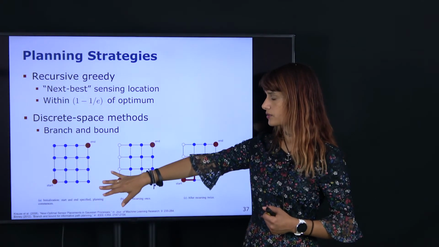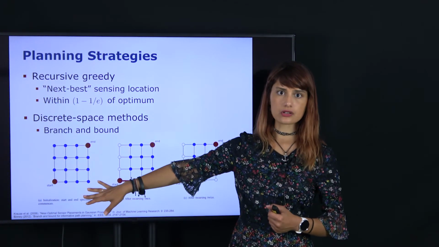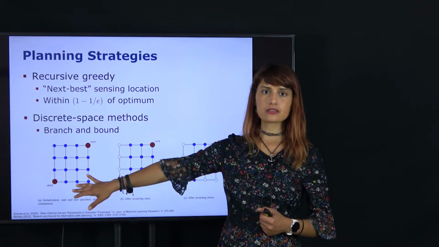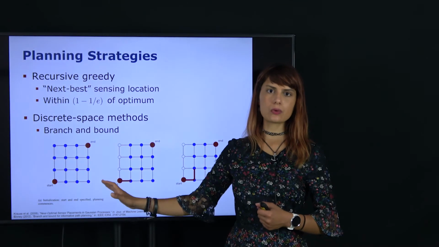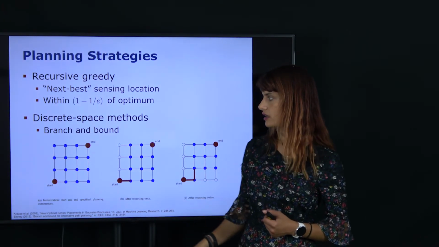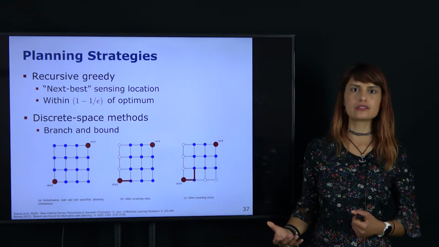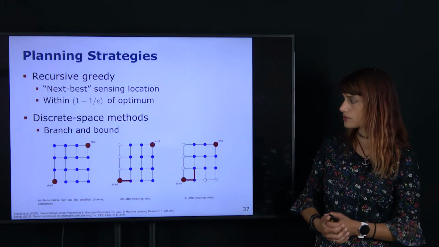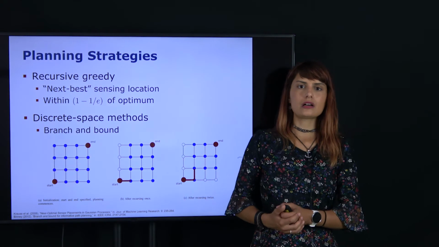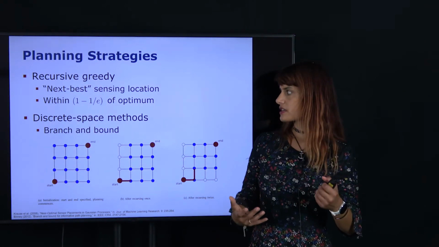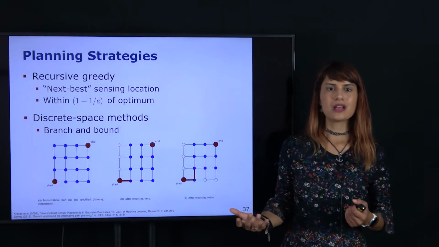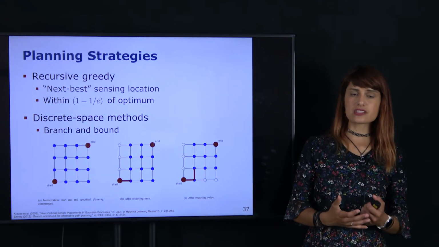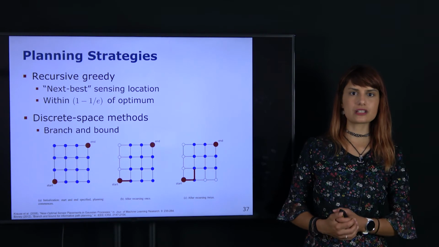The branch and bound is an exhaustive search on a grid of locations that uses a method of pruning to efficiently take away locations in the search space that will not lead to better solutions than the one that we already have. So we're somehow trying to prune branches in our branch and bound algorithm so that we can find the best possible location using an exhaustive search without it getting too computationally complex.